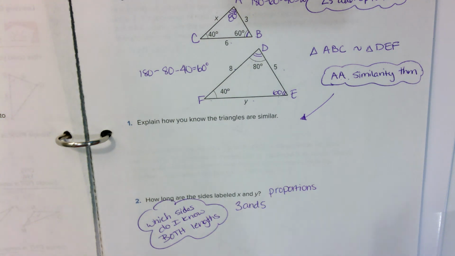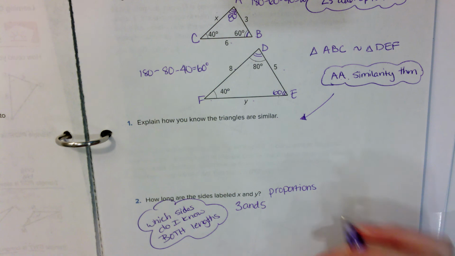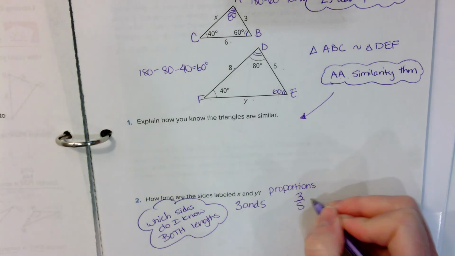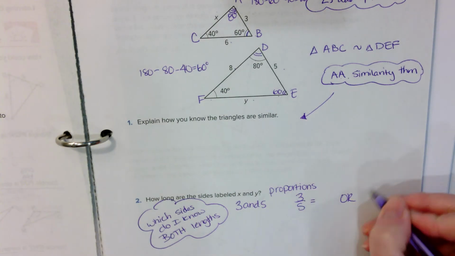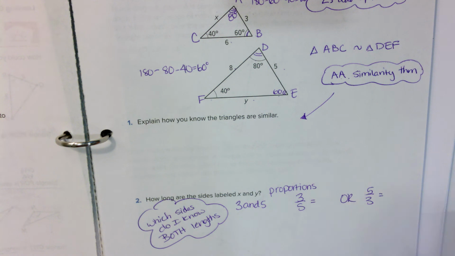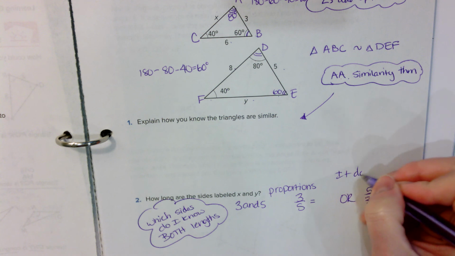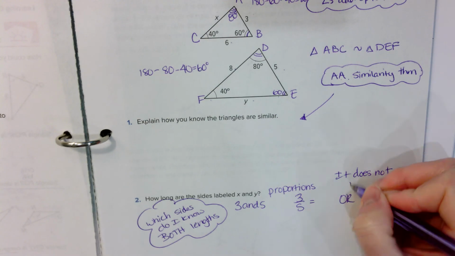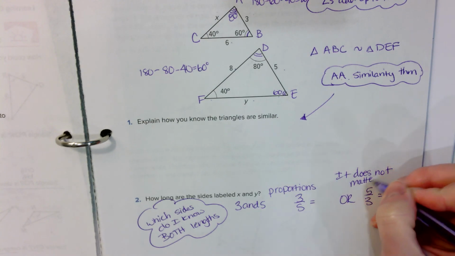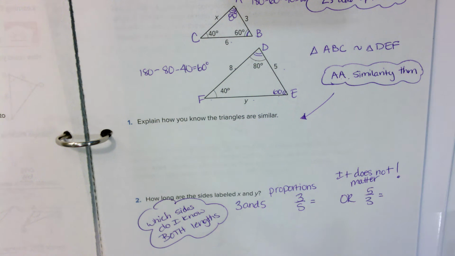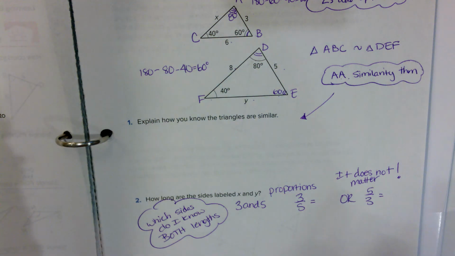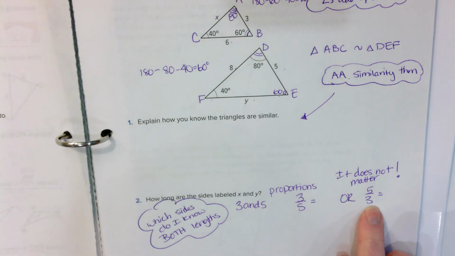So when I start my proportion, I'm either going to write 3 over 5 equals, or I could write 5 over 3 equals. It doesn't matter. However, once I write the 3 over 5 or the 5 over 3, now it matters.